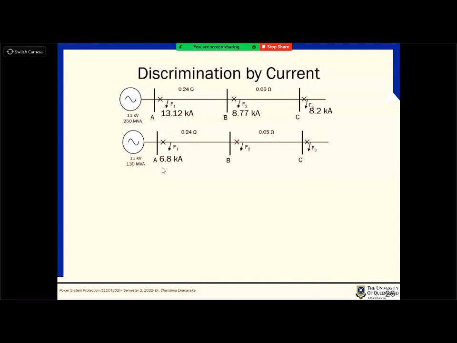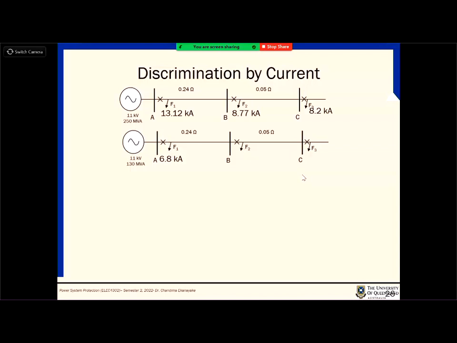Similarly, the fault current magnitudes in these locations will drop as well. The line impedance will be the same, right? Supply voltage is the same, but there is some impedance associated with this, the short circuit impedance. That impedance has now increased. That's what has happened. When the short circuit impedance increased, the fault current drops.